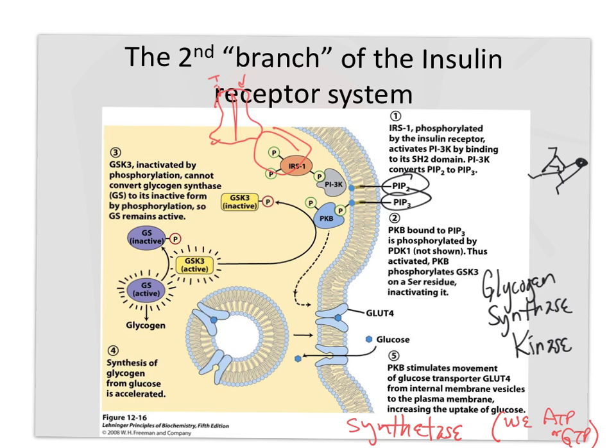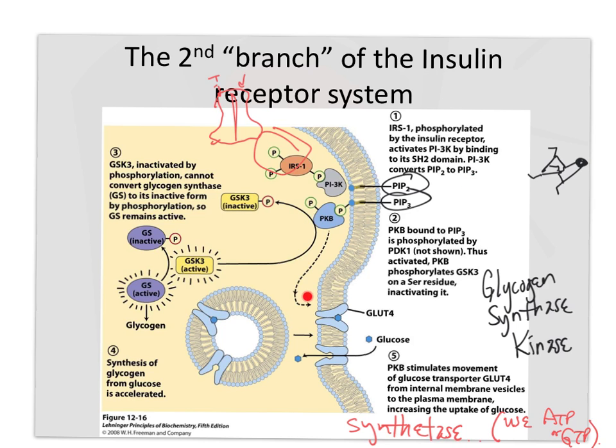So what happens is normally, let's say blood sugar is high, then you're going to start making insulin.